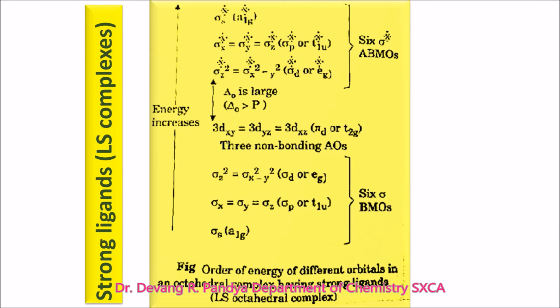It will remain closer to 4s and 4p. Therefore the anti-bonding molecular orbital also demonstrates metallic characteristic, non-bonding t2g also demonstrates metallic characteristic, while this BMO, which remains closer to LGO, will represent ligand properties.